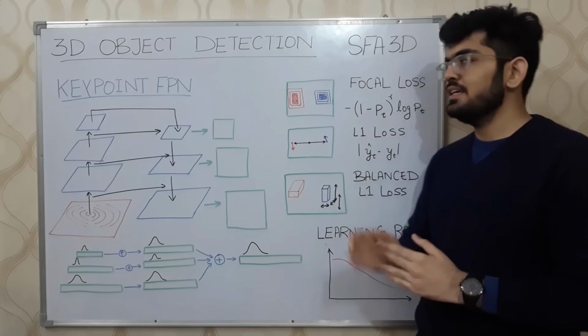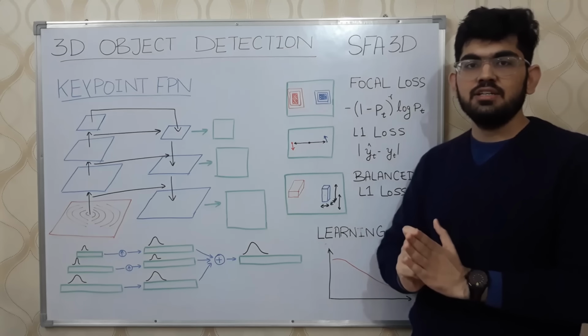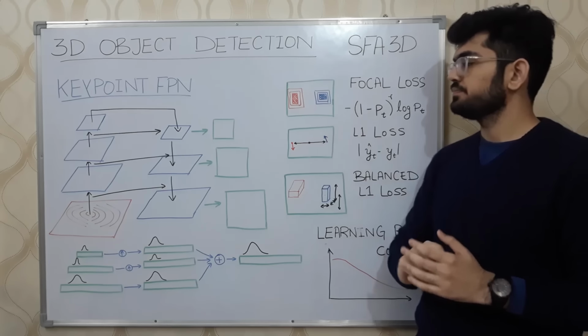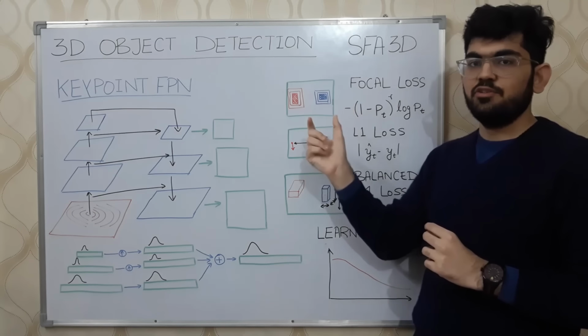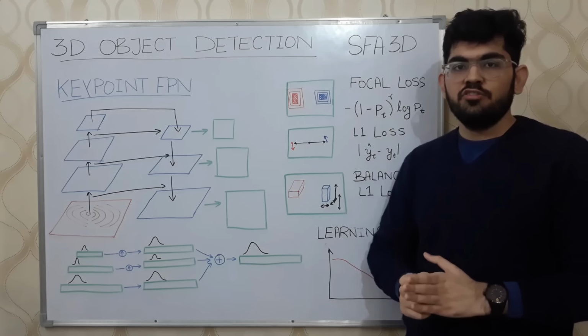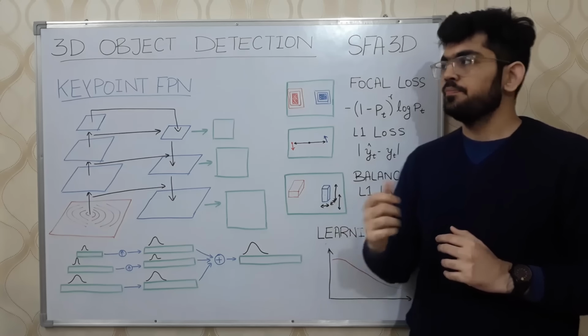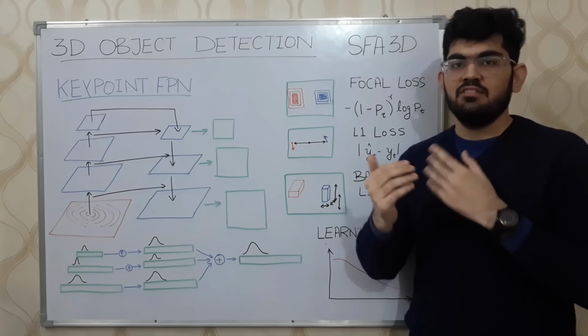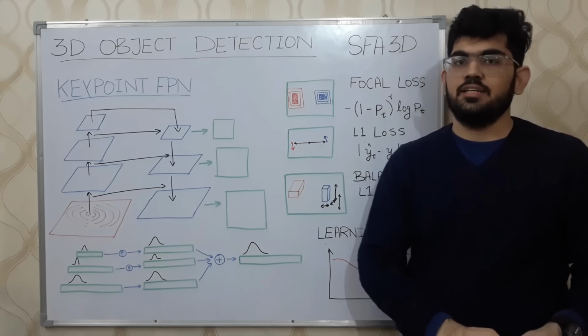Similarly, a pedestrian is present in this location and the network is confident about its prediction in this particular location. As we move away from both these locations, the confidence of the network goes down. Using this heat map, we detect the class of the object, whether it is a car or a pedestrian.